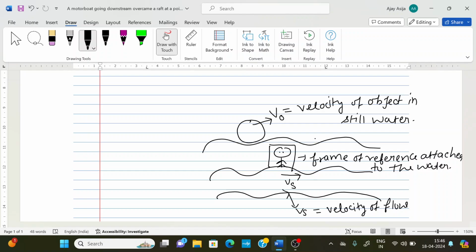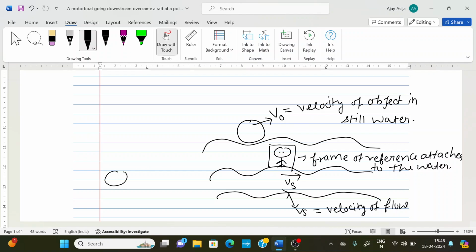We are saying this because when we are observing from the frame of reference which is also moving with the same velocity as that of water, it seems to us that the water is at rest or water is still. That's why we are saying that this is the velocity of object in still water.